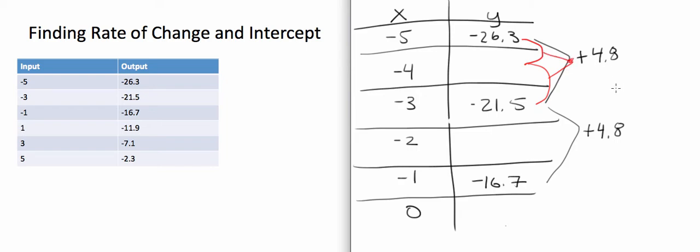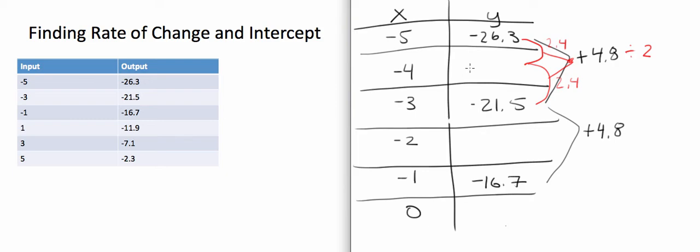So that means when we take 4.8, we can divide that by 2, which gives us 2.4. So now this value goes up by 2.4 each time, which means this turns out to be 2.4 each time and 2.4 each time, okay?